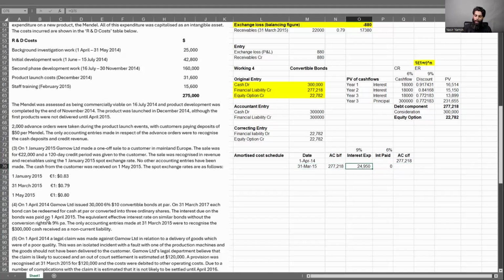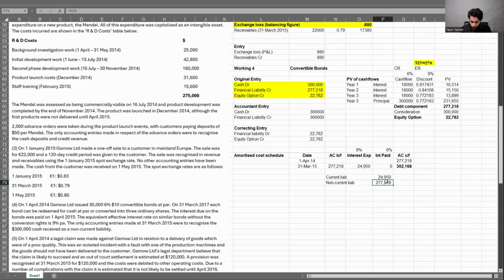And that means your carried forward balance of your liability should be 302,168. Do you all agree? Under this 302,168, your current liability is 24,950, because the 24,950 interest will be paid next day. And the rest of it should be a non-current liability, which is 277,218. Is everybody clear on this?